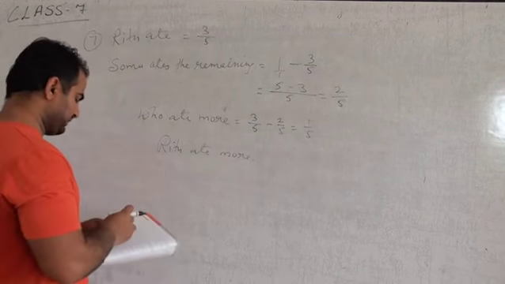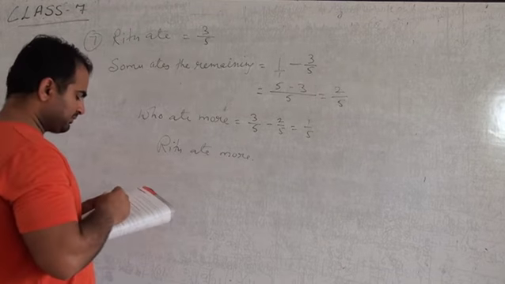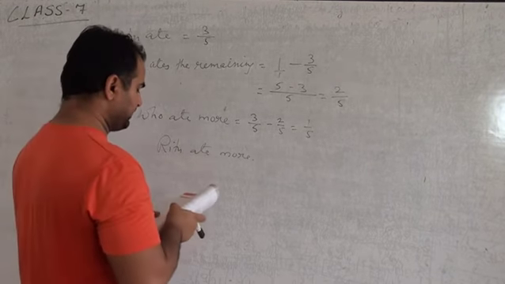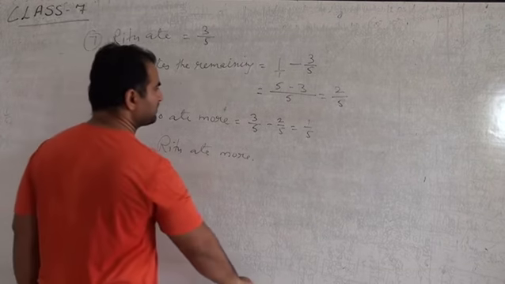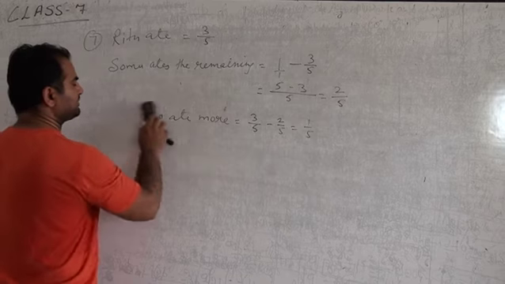Okay. Next question is, Michael finished coloring in 7 upon 12 hours, and Weber finished coloring the same picture in 3 upon 4 hours. Both of them are given a picture to color.